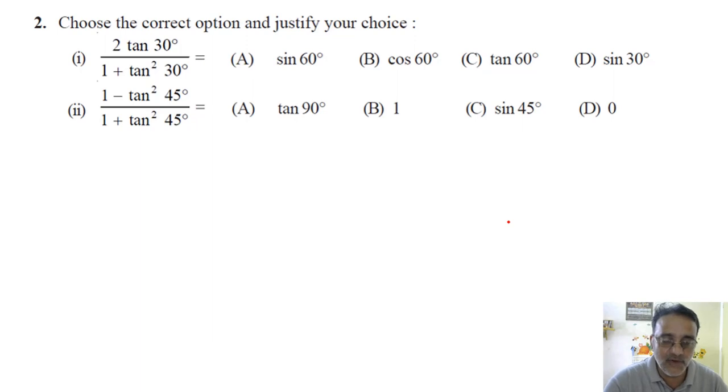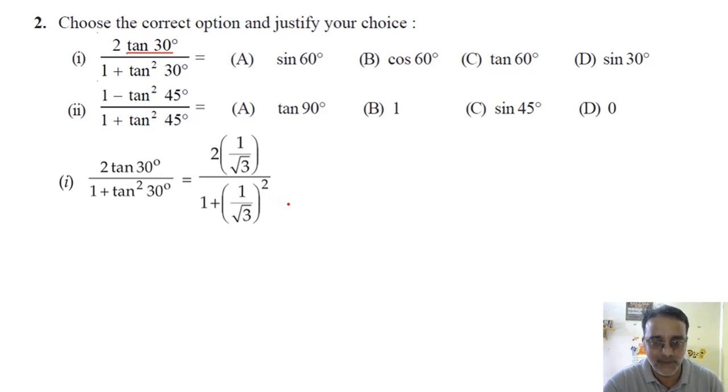So first we will simplify this, then we will check which option the value belongs to. What is tan 30 degree? 1 by root 3. So we substitute tan 30 degree equals 1 by root 3. This 1 by root 3 whole square will become 1 by 3.